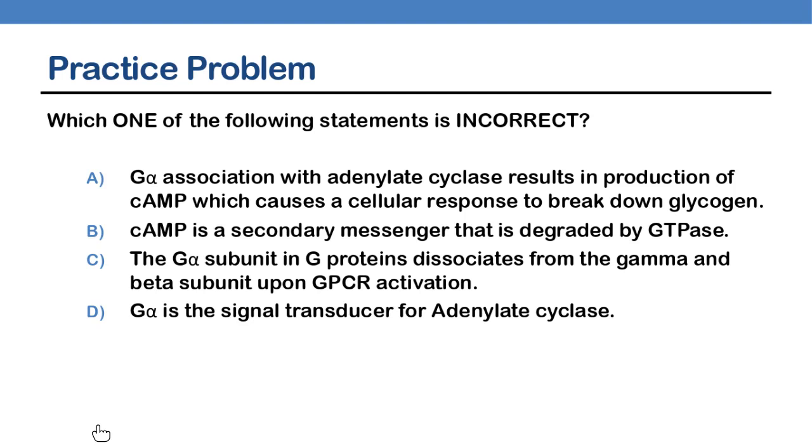So the incorrect answer is B. And why is that incorrect? Does anyone know how the cAMP is broken down? Phosphodiesterase, yes.